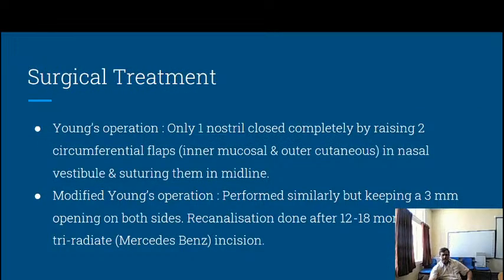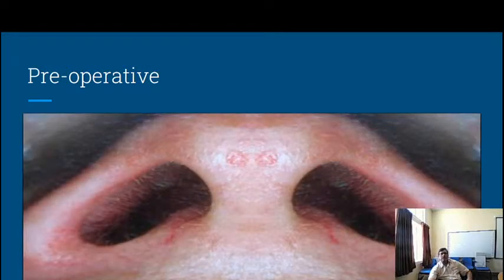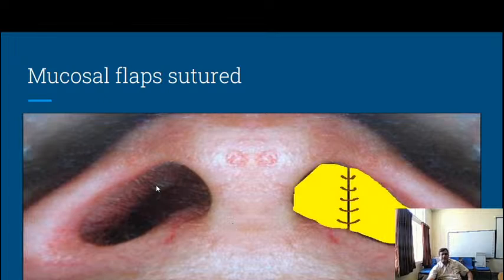Now, surgical treatment. This is Young's and modified Young's. These are the mainstay of the surgical procedures. This is the normal anterior nares with the columella, and that is the nasal valve area. You raise the flap all around on the septal side as well as the lateral aspect, and then you suture, thereby closing the entire nasal cavity.